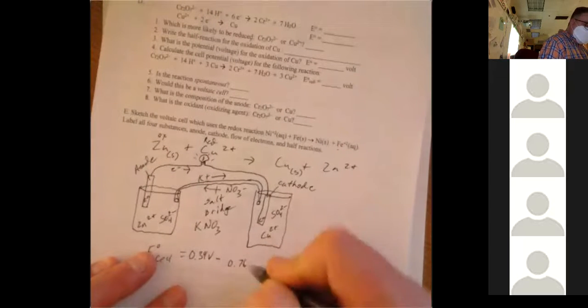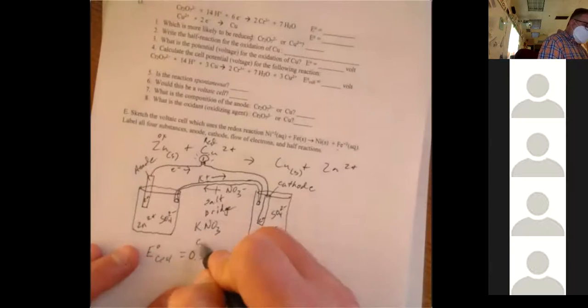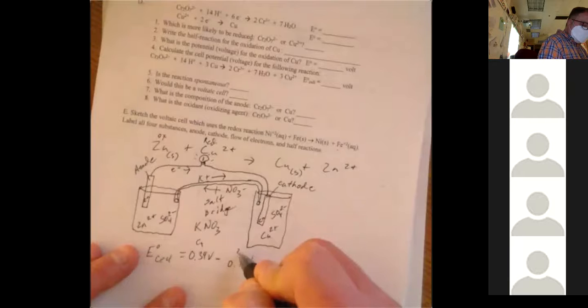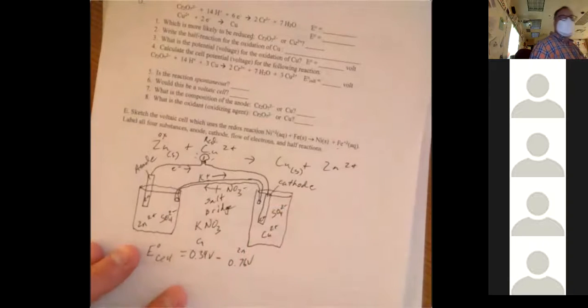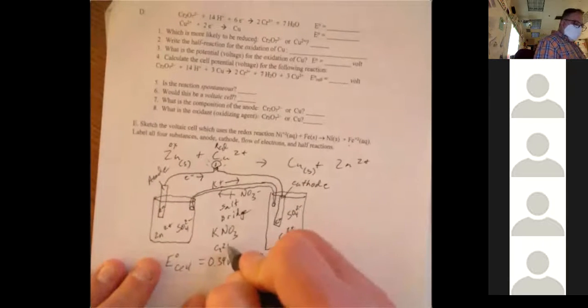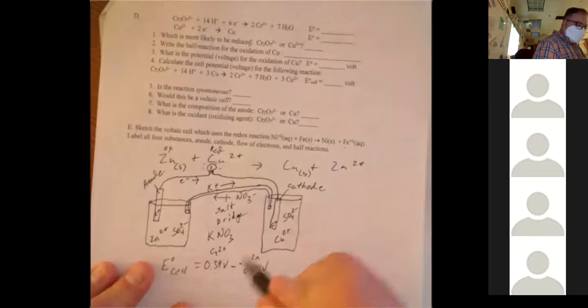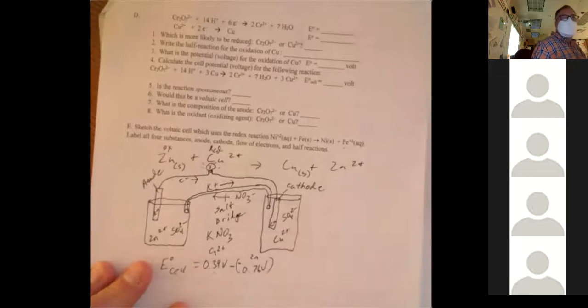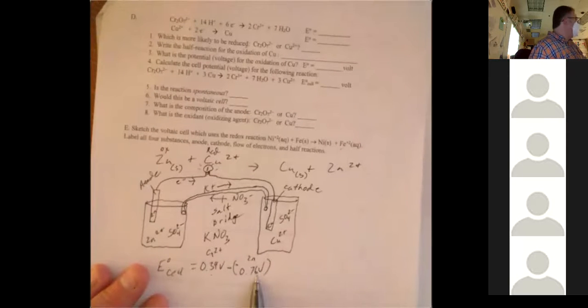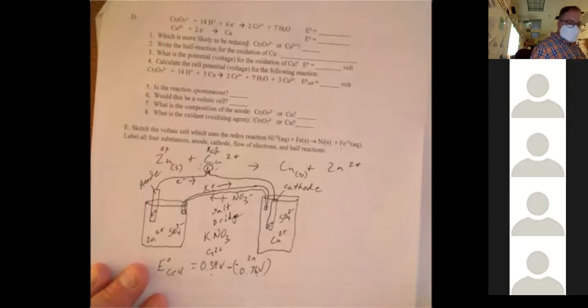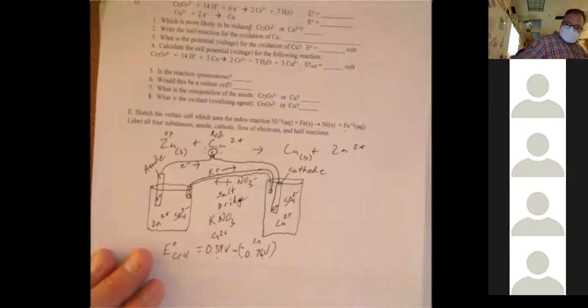Negative 0.76. So this is the 2+, this is the reduction potential of the reduced minus the reduction potential of the oxidized, is the way I do it. You could switch this and flip this, and then it would be plus here instead. Just keep doing it the same way, whatever way you do it. Be consistent.